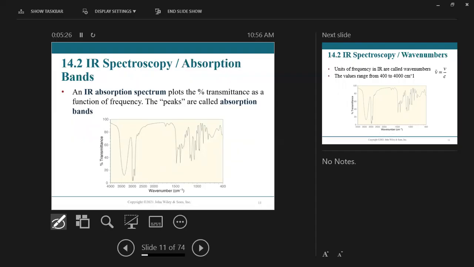It says an IR spectrum plots the percent transmittance as a function of frequency. The peaks are called absorption bands. You can see many different absorption bands with a percent transmittance.